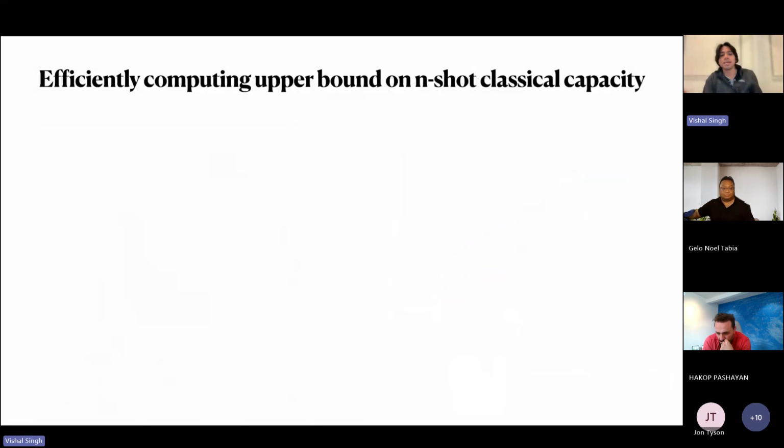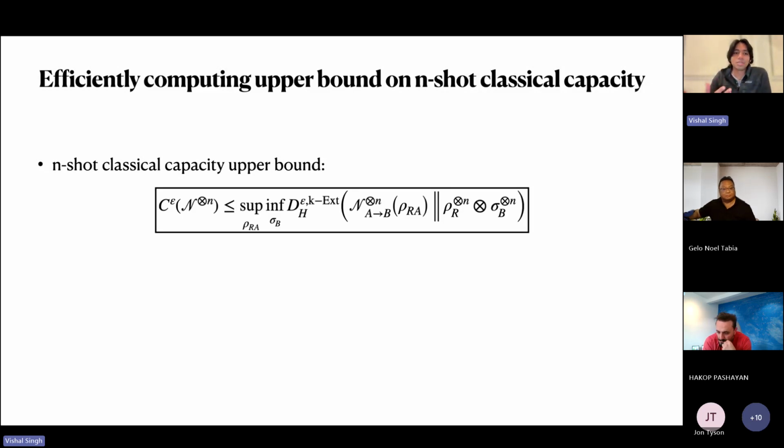Okay, so computing the upper bound efficiently on the n-shot classical capacity. Basically, if you want to compute the n-shot classical capacity of the channel, which is usually what we are more interested in, right? It's hardly going to be the case that we are just going to use a single use of a channel to send some classical data. Usually, we want to use multiple copies of a channel, encode whatever we want into a large code, and then send it over these n copies of the channel.